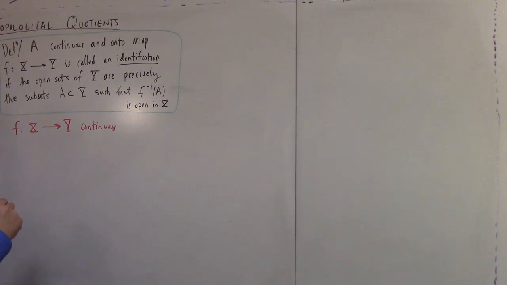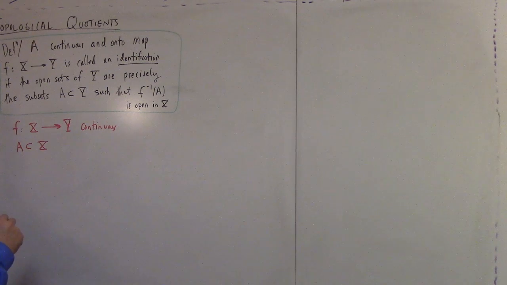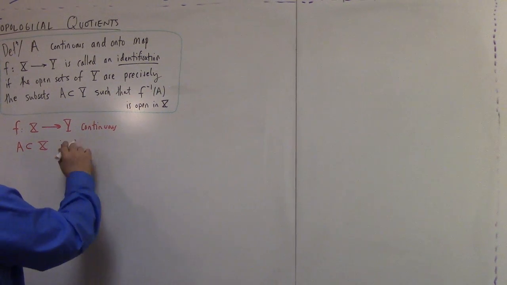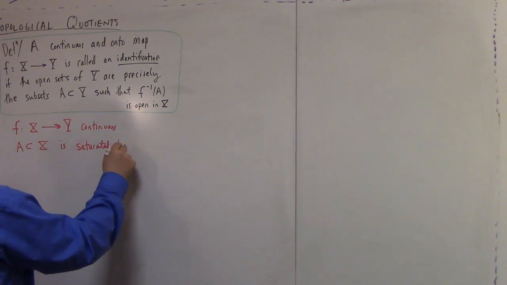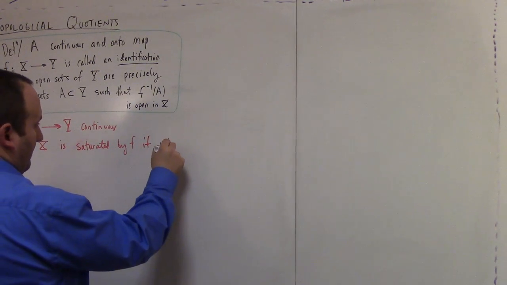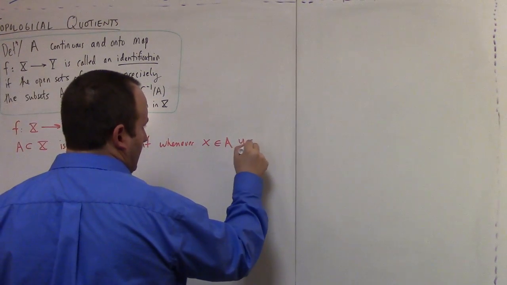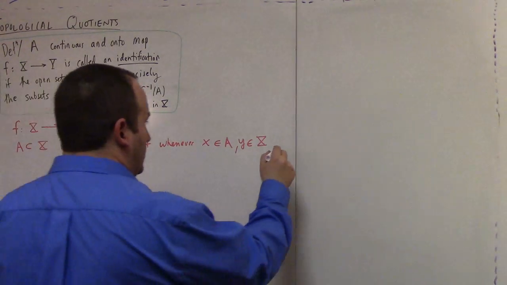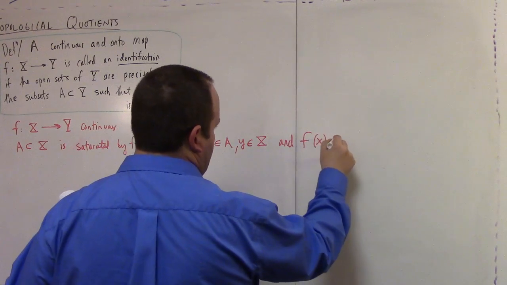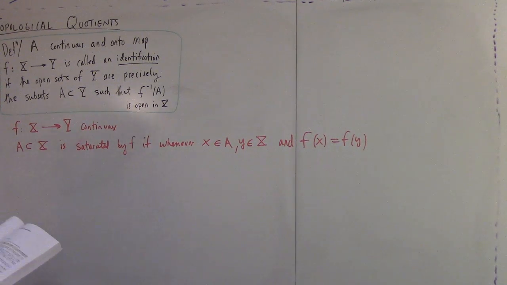Then a subset A of X is saturated by F if, whenever x is an element of A and y is an element of X, and F of x equals F of y, then y is an element of A.